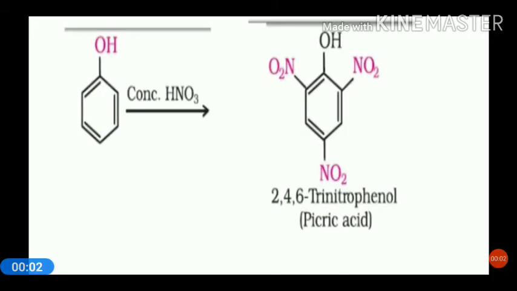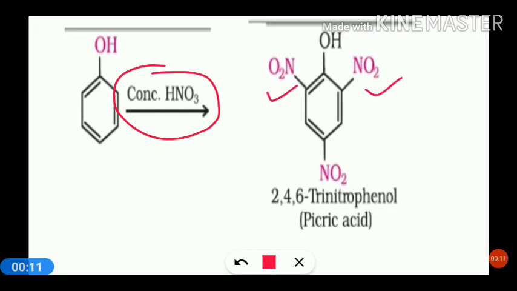So here you can see with concentrated HNO3, the attack will be at ortho and para positions. So the product formed is 2,4,6-trinitrophenol, also known as picric acid.